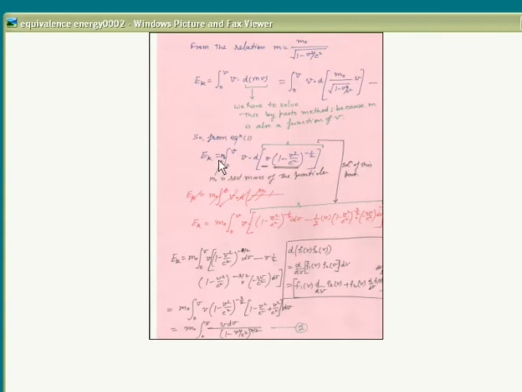So kinetic energy will be equal to m naught, which comes out of the integral, times the integral from 0 to v of v and the differentiation of these two terms: 1 upon v, and 1 upon square root of 1 minus v square upon c square. You can write this also as 1 minus v square upon c square raised to the power minus 1 by 2.